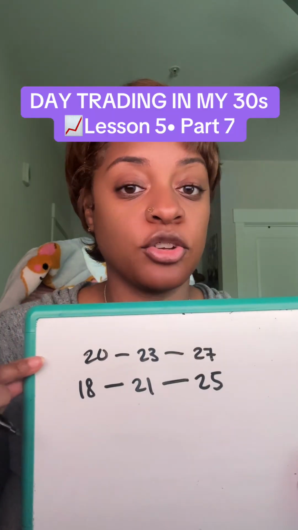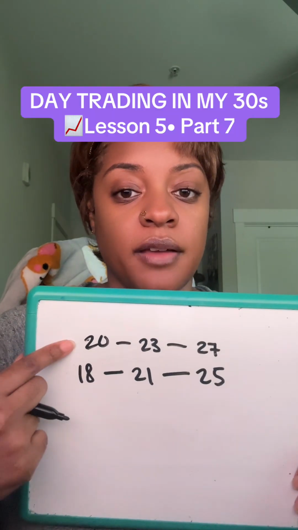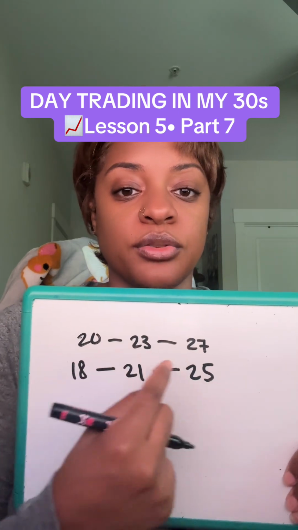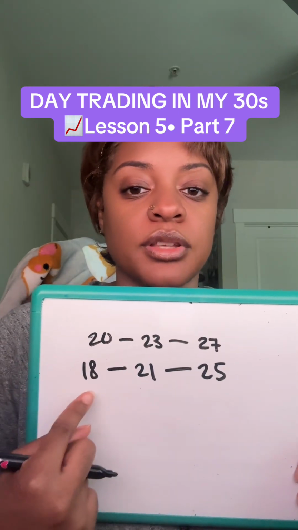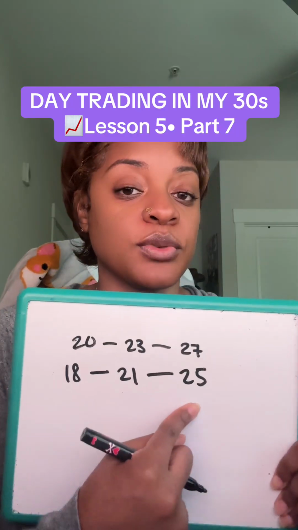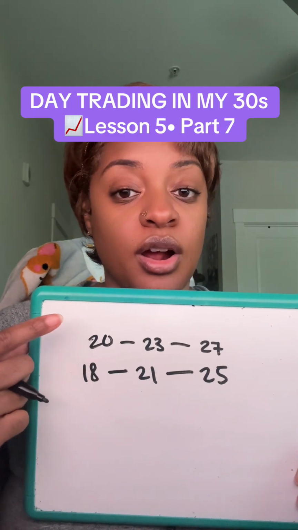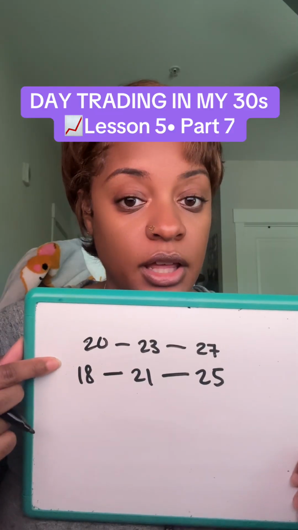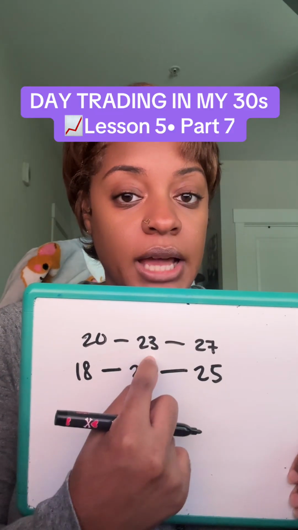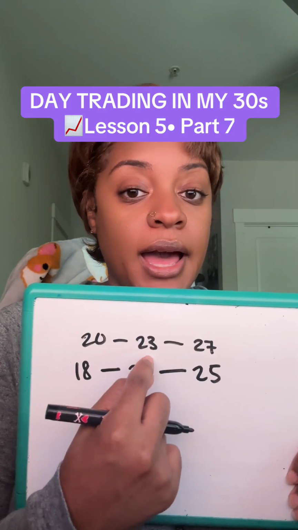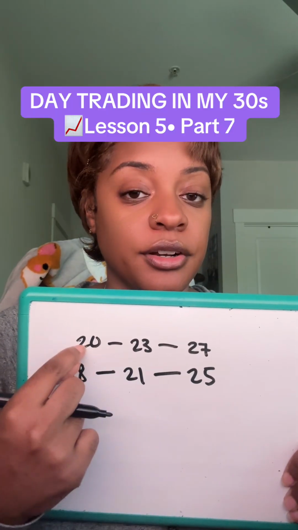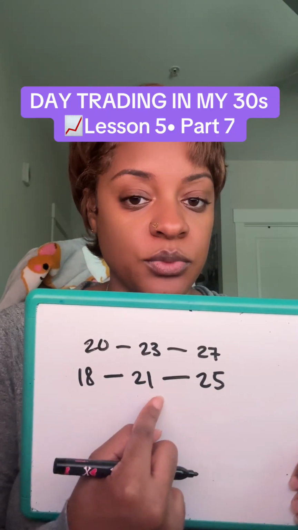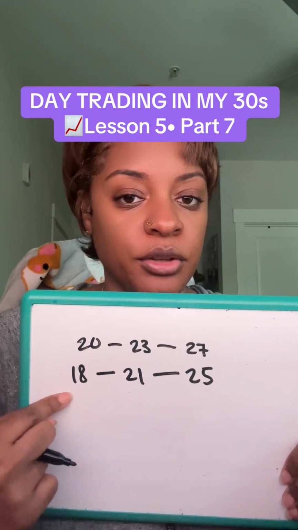Question 4 combined question 2 and question 3. So we have swing highs going from 20 to 23 to 27, and swing lows from 18 to 21 to 25. We already know those are higher highs and higher lows, because each next swing high is higher than the previous one, and each next swing low is higher than the previous one.